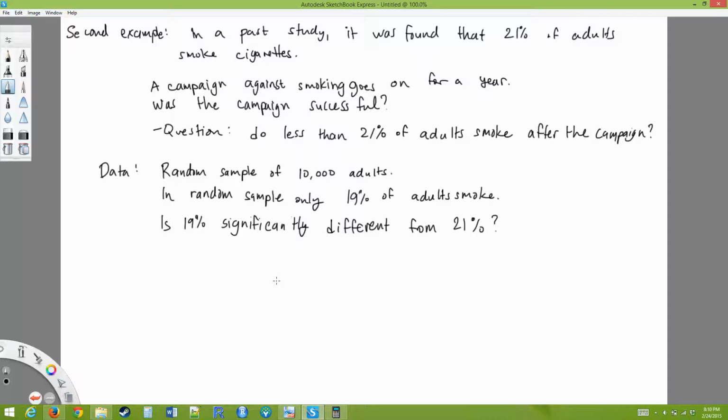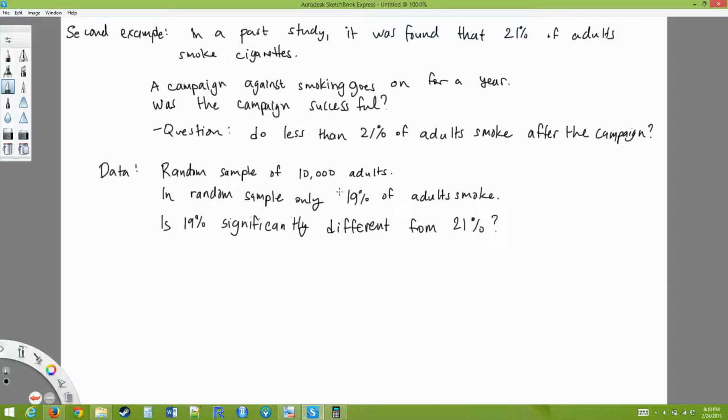Yeah, from that sample says it's a difference of 2,000 people. Yeah, it's a pretty big difference, right? 21% out of 10,000 is 2,100, and 19% out of 10,000 is 1,900.